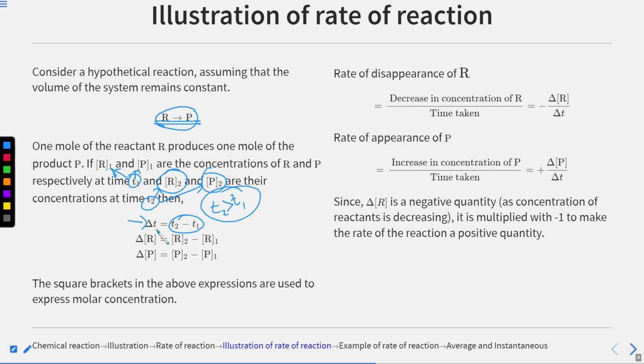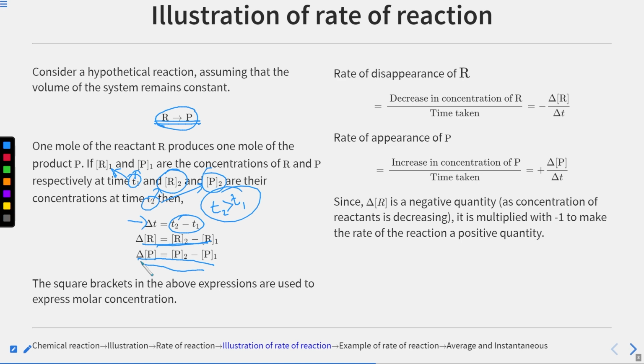Now, the reactant concentration change will be R2 minus R1. This is the concentration change. Next, the change in concentration of product gives us P2 minus P1. That is, delta P, the change in concentration, equals the concentration of product at time T2 minus the concentration of product at time T1.